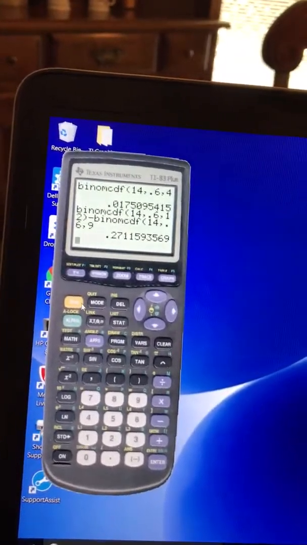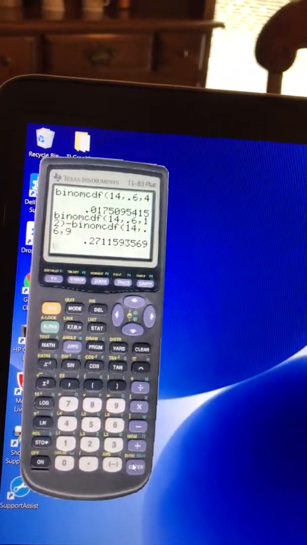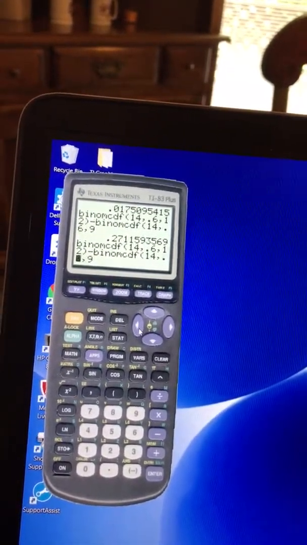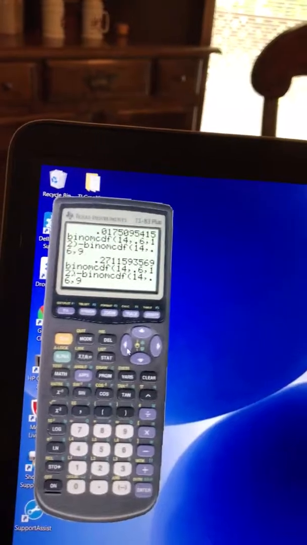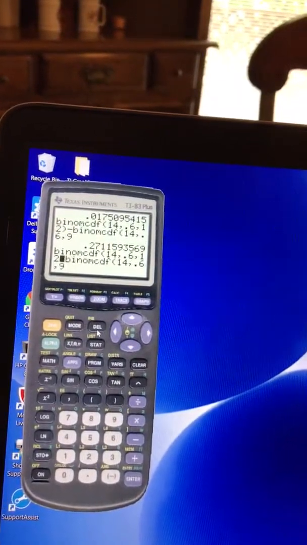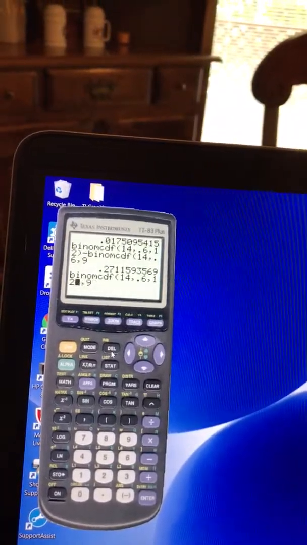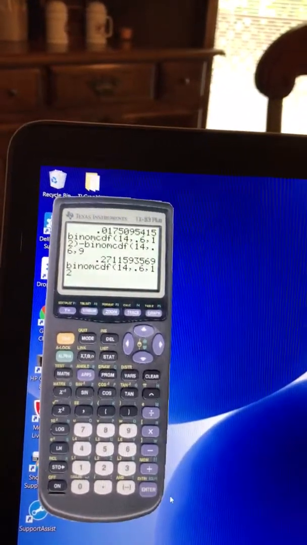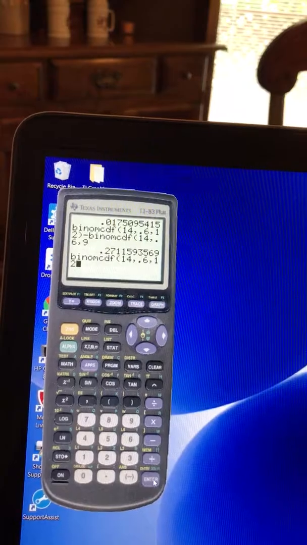And like I said, you can do, I'm just going to hit second enter here and let me delete all this so you can see. If you do this and you leave the parenthesis not closed, that's fine. You can do it this way and hit enter.